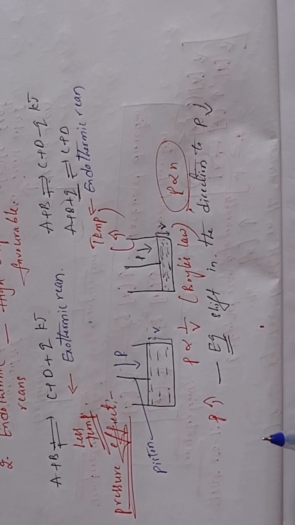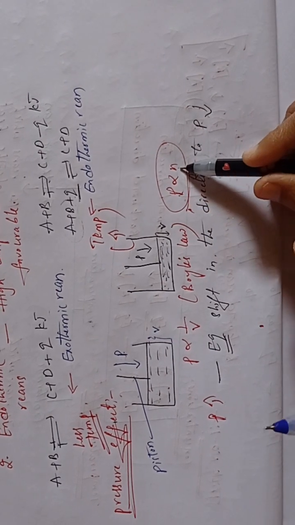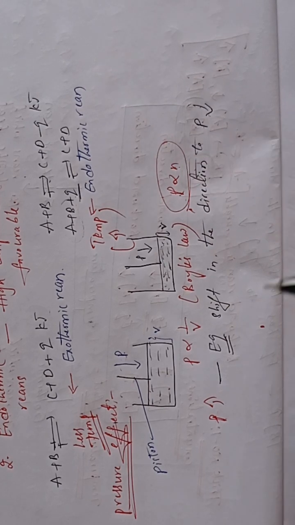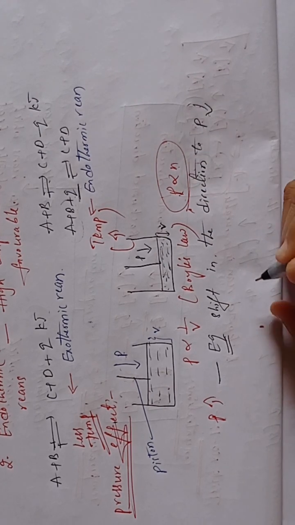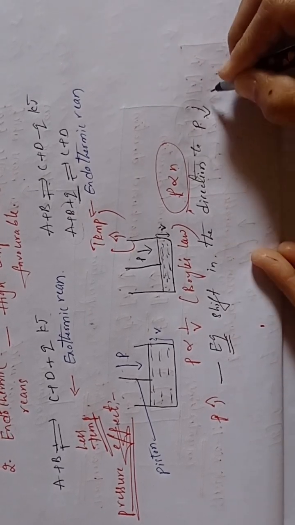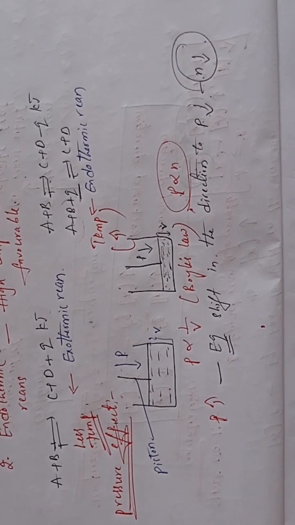So pressure decreases means the equilibrium shifts in which direction, students? Pressure less means number of moles also less. Correct? That means in the reaction, the side where the number of moles is less, in that direction the equilibrium shifts.